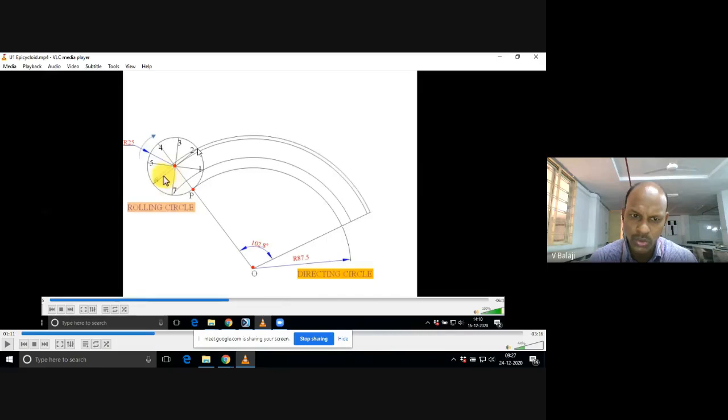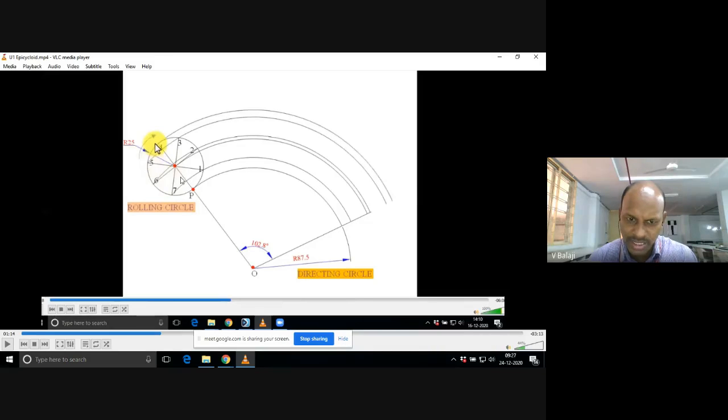From O to 2, you take the radius and get one more arc passing through 2 and 6. Again, passing through 3 and 5 you draw an arc, and passing through 4 you get the last arc. Is it clear?